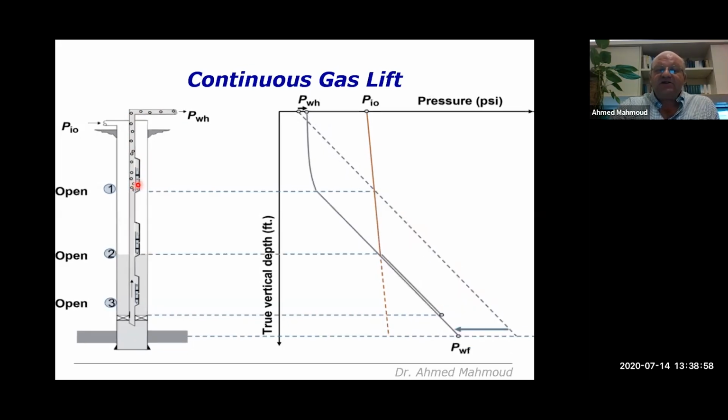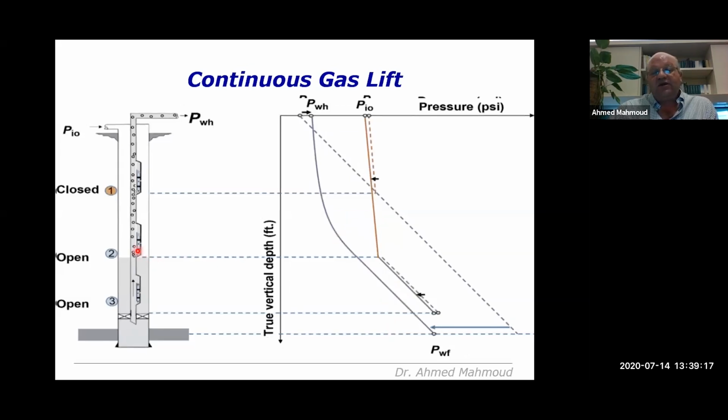We keep on injecting gas until the gas reaches the second gas lift mandrel. Within this process, we are reducing the hydrostatic pressures across, and I will reach a point where the gas will start to come in and lighten the fluid column starting from the depth of the second valve.